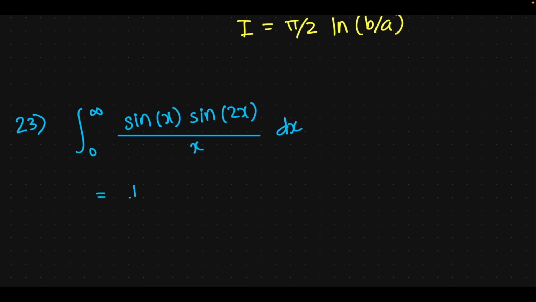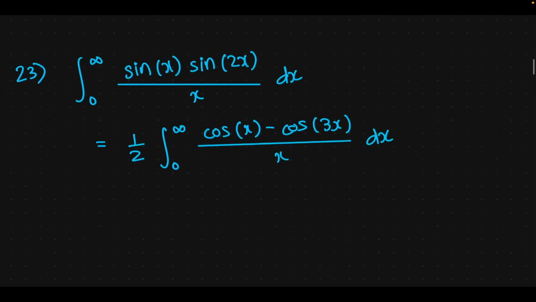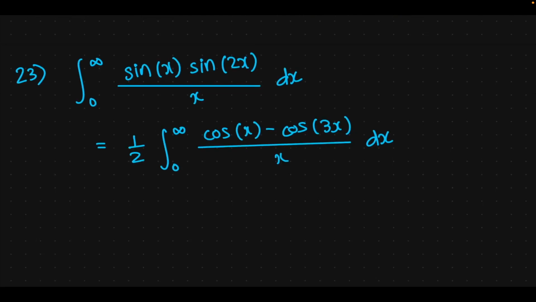My eyes light up. I want to use the product to sum formula. So this becomes cosine of 2x minus x, which is x, minus cosine of x plus 2x, which is 3x, divided by x dx. And now I'm going to use a really nice, very nice property.